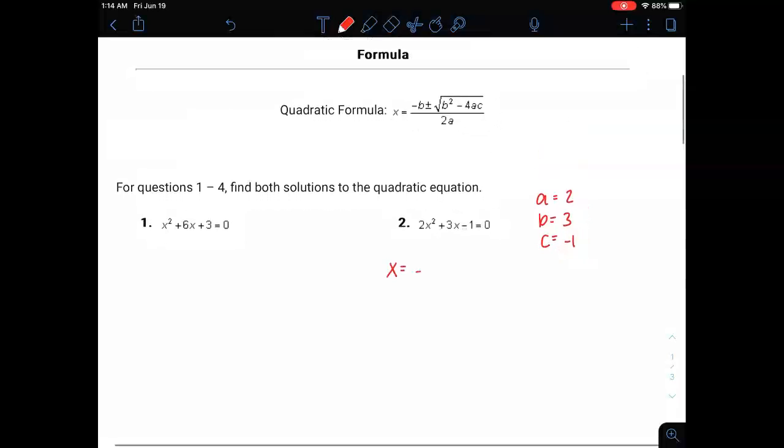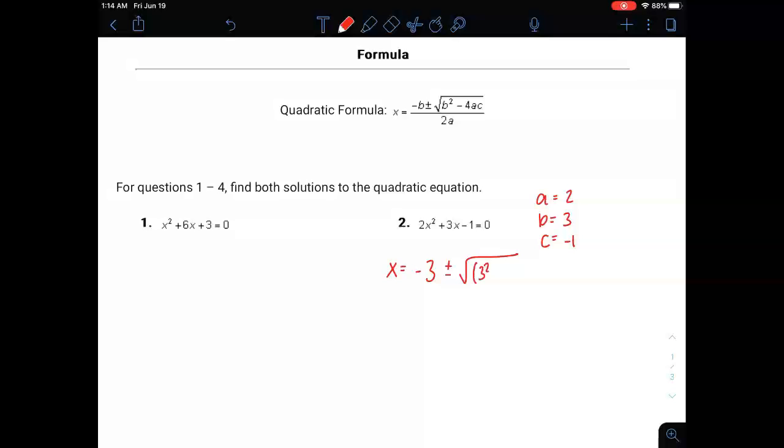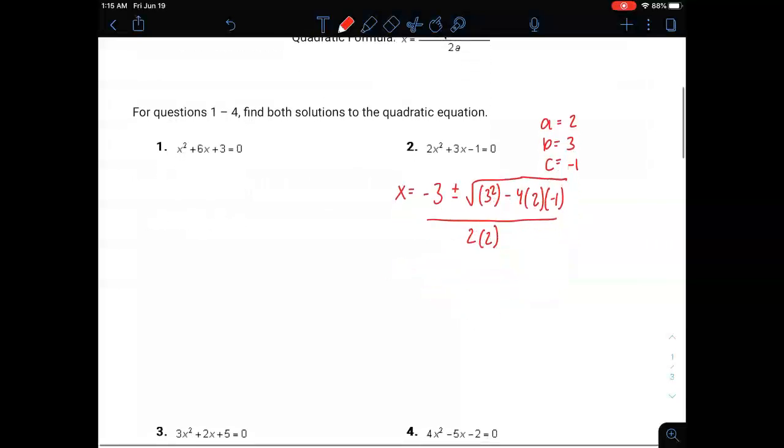So x equals -3 plus or minus the square root of 3 squared minus 4 times 2 times -1, all over 2 times 2. All right. So now if I start to simplify this problem down here, okay, I'll try to simplify this down a little bit.